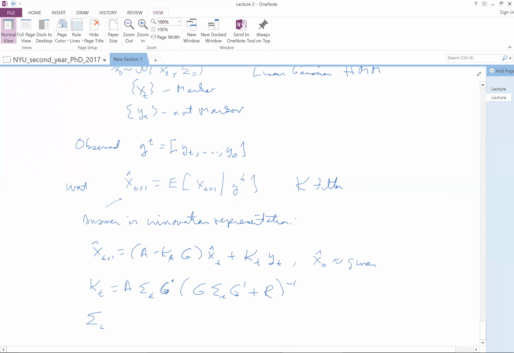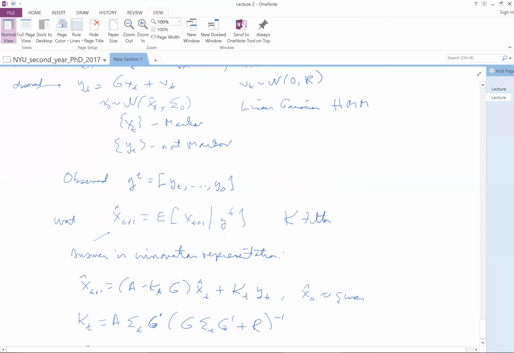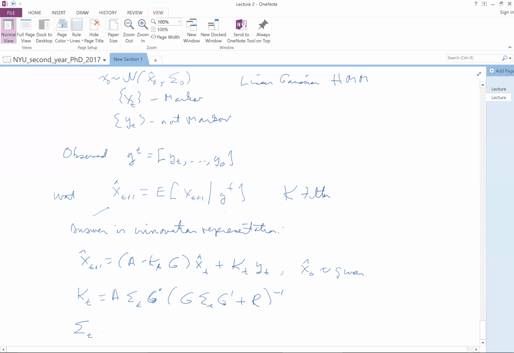It's a recursive formula for this object, and the formulas are the famous formula for the Kalman gain, and the famous formula for the law of motion of the state covariance matrix.